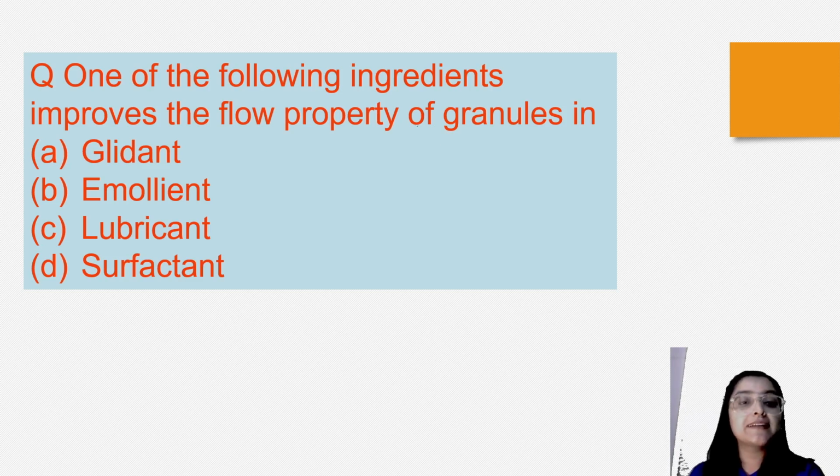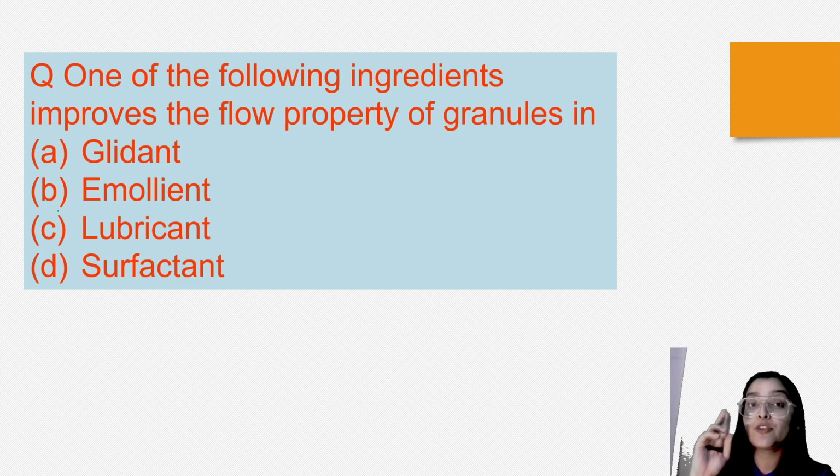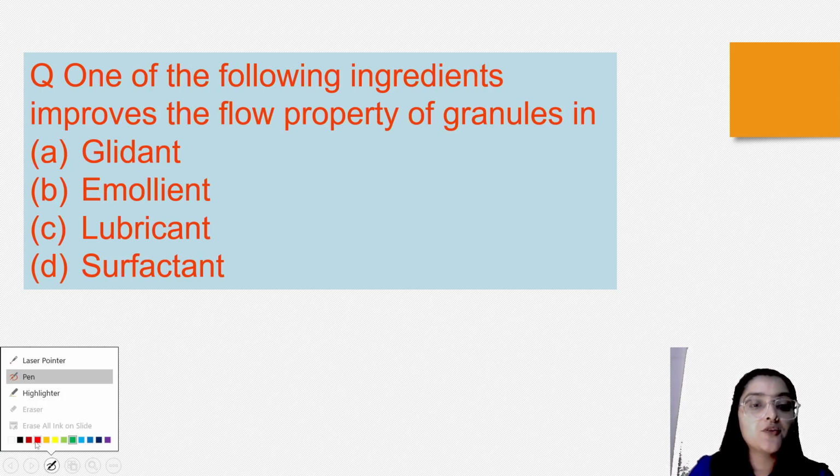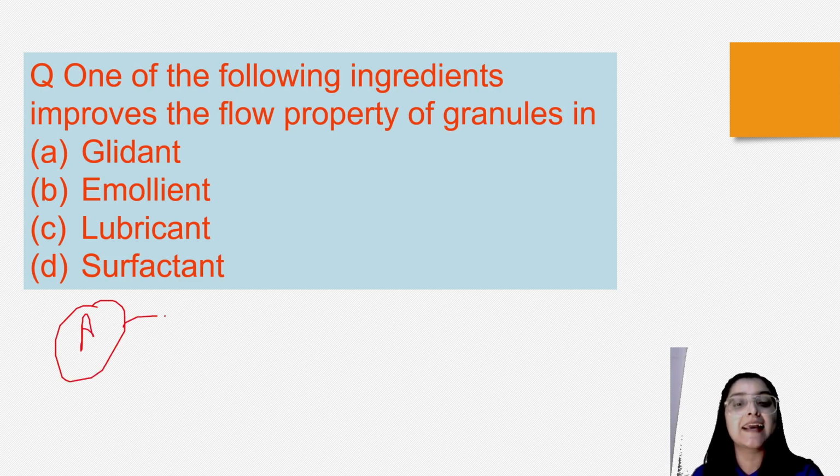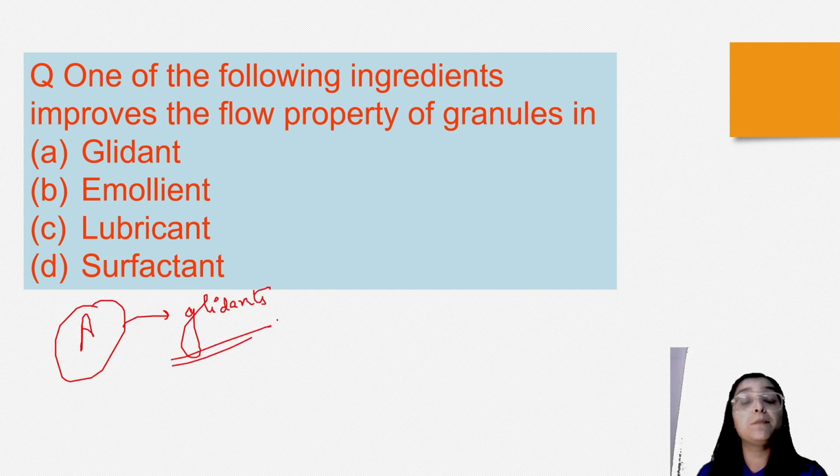I have told you about the two strategies that can be used for improving the powder flow properties. The correct answer should be A, glidant, right? Glidants are known to improve the powder flow properties.